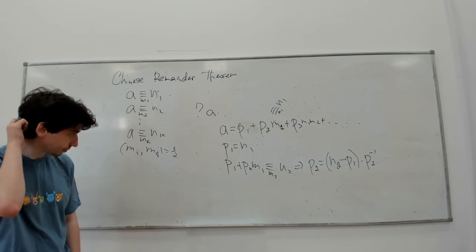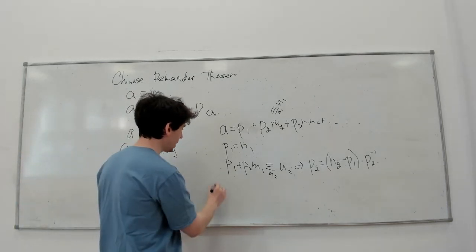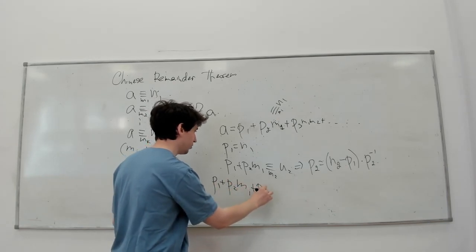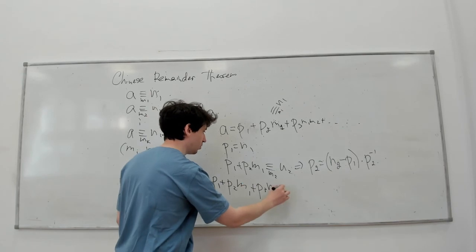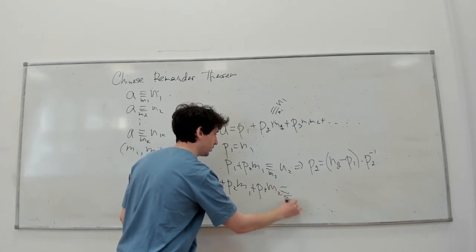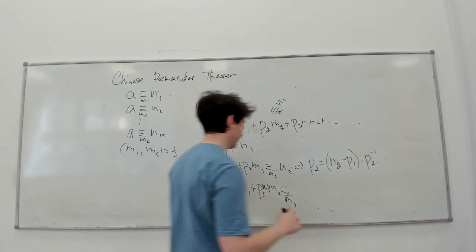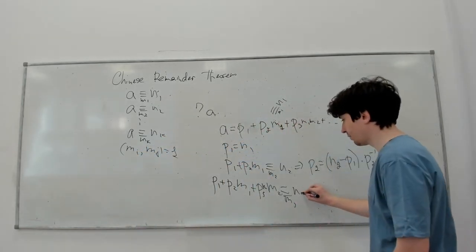Then P1 plus P2 times M1 plus P3 times M1 M2 modulo M3 is N3.